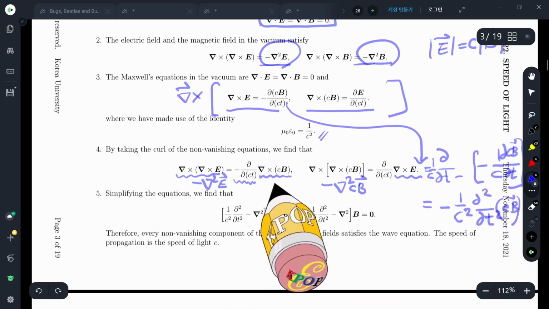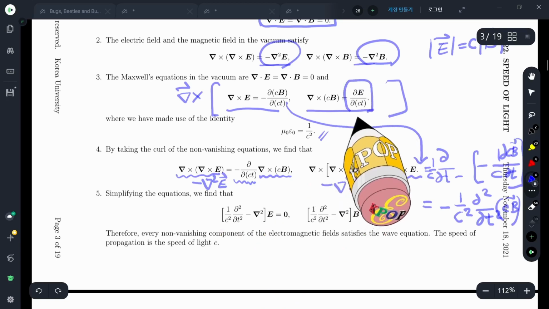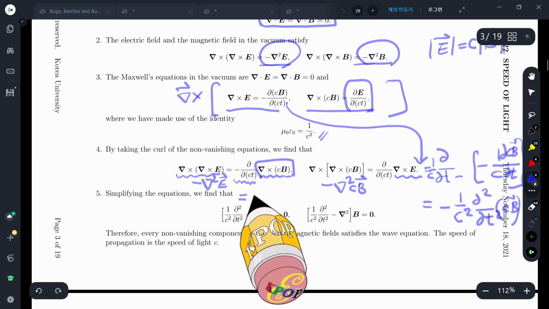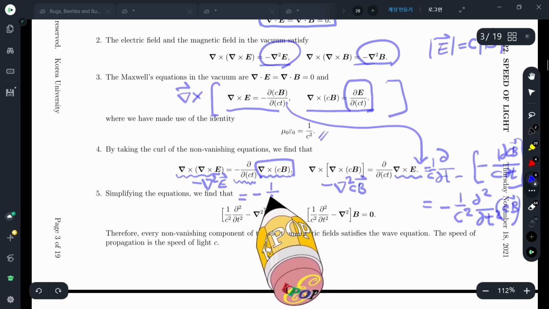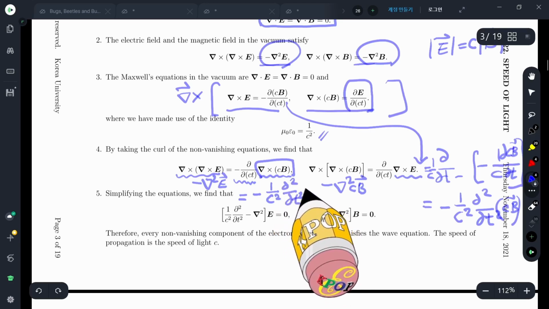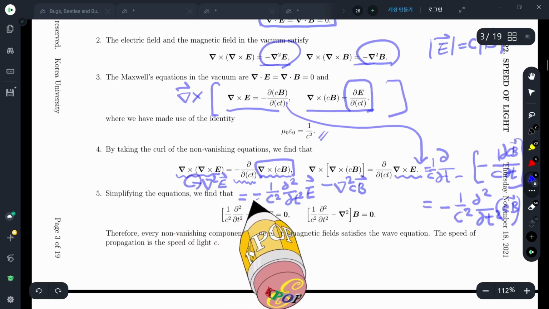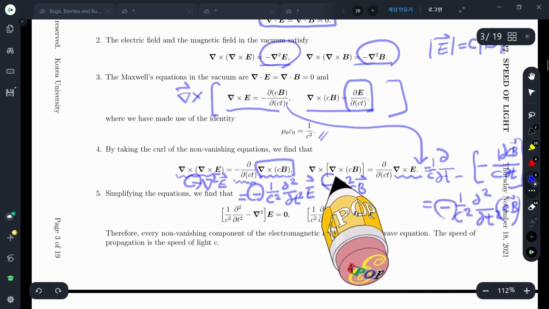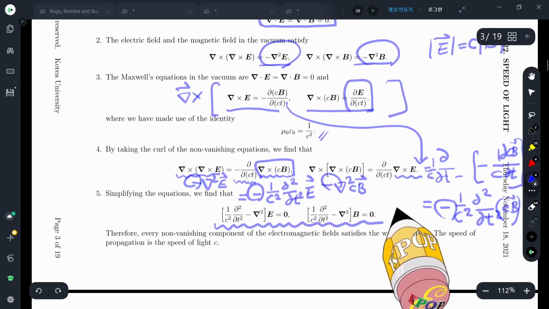In a similar manner, on the right-hand side, curl B is replaced with this one, and this first-order time derivative is inserted here to find the similar structure. So we have both left and right sides and a negative sign. Therefore, what we obtain for the electric field and magnetic field is the same equation.